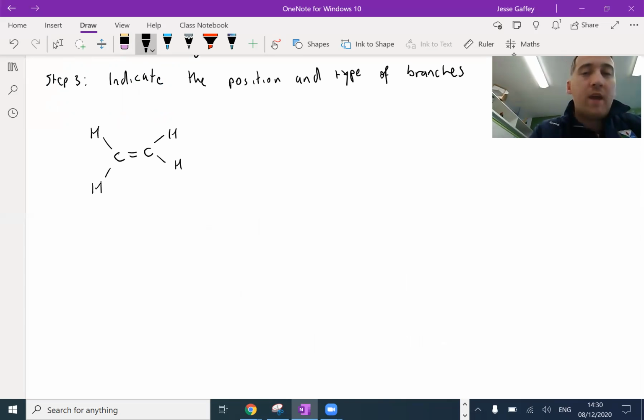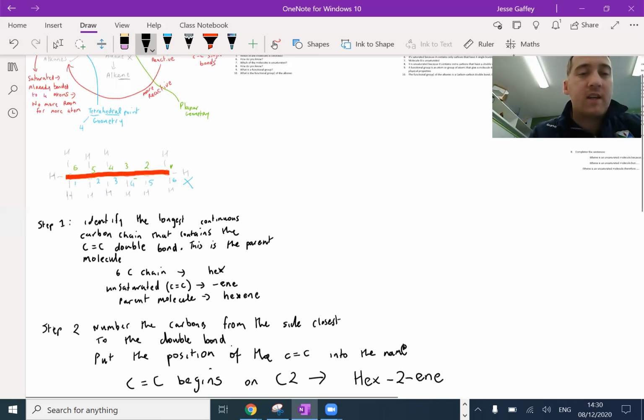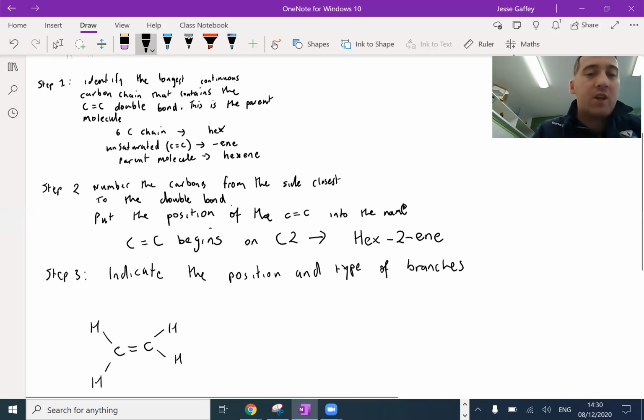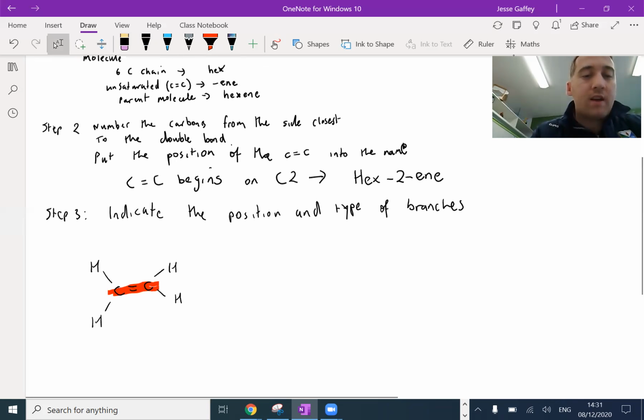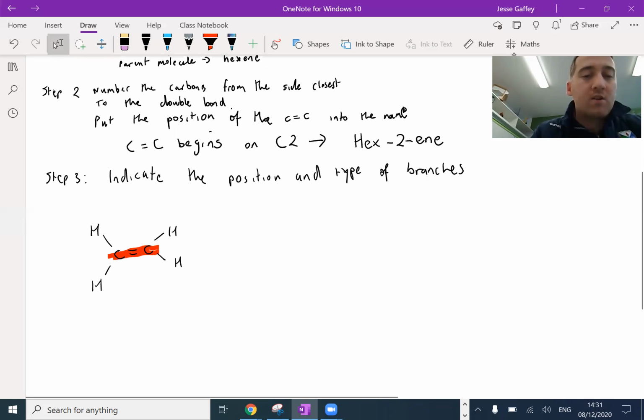What you may have gone for is the parent molecule. Let's follow the steps. It says identify the longest continuous carbon chain. Well, the longest continuous carbon chain is 2 carbons long. It's an unsaturated molecule and it's got a double bond. So it's going to be something-ene, E-N-E, it's an alkene, and it's got 2 carbons. So 2 carbons is ethene.